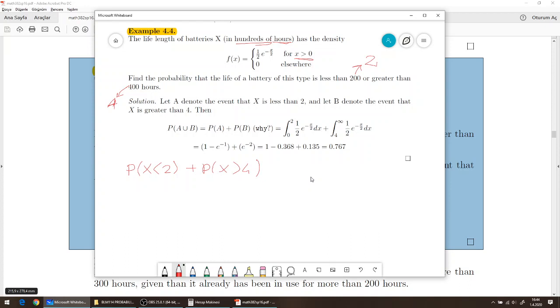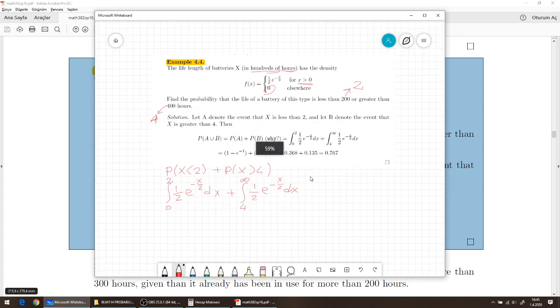Therefore, you see the function starts from 0. So this means the integral from 0 to 2 of 1 over 2 e to the power minus x over 2 dx, plus greater than 4, which means the integral from 4 to infinity of 1 over 2 e to the power minus x over 2 dx.